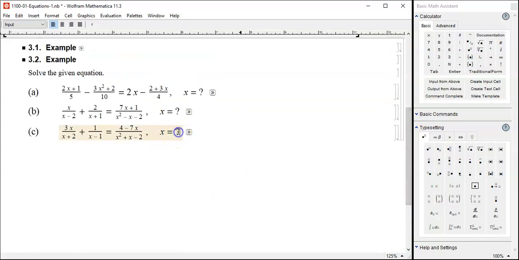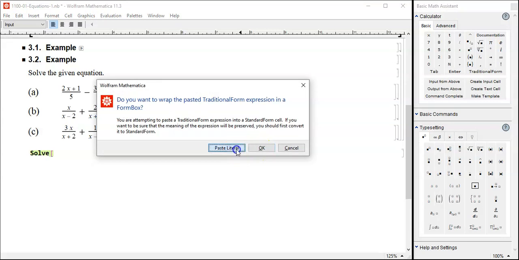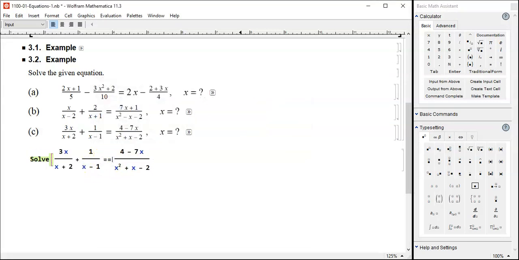As for this problem, again, please do the same thing. And do we have an extraneous solution here? I don't know. Let me ask Mathematica to find out.